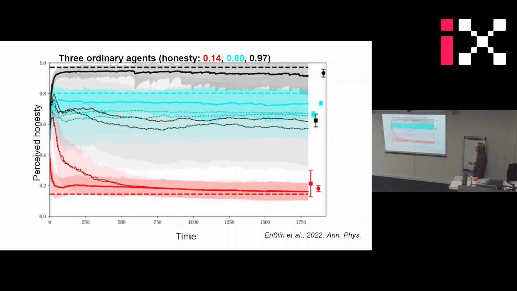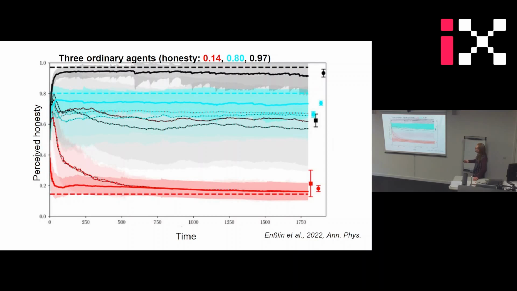Here, the dashed line is the real honesty of the red agent, and it's 0.14. It means that the red agent only tells the truth 14% of the time. It lies quite a lot. The fat red line is the self-perception of red. So red doesn't know how much it lies. It goes around lying, and then it gets a picture of itself: oh, I lie a lot.